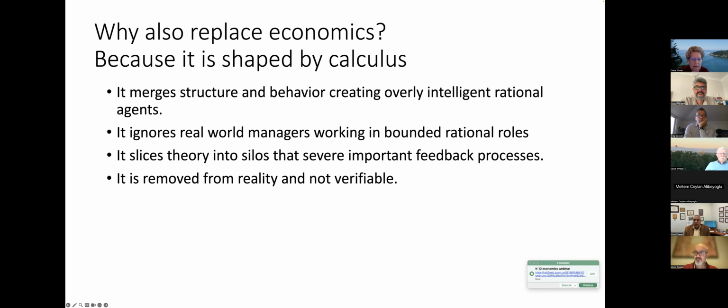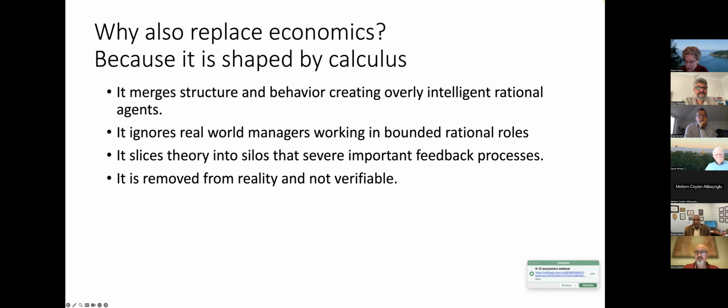But this process also contributed to the creation of an abstract theory that became a runaway train detached from reality. We all know that the merger of structure and behavior needed for mathematizing economics created the overly intelligent rational agent. The theory built around rational agency then diverged from reality in which there are no rational agents, only managers working in bounded rational roles.